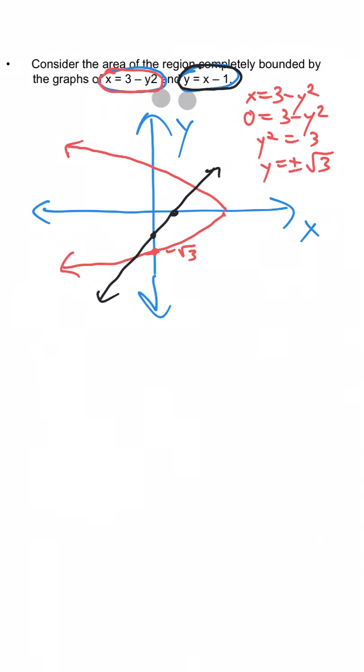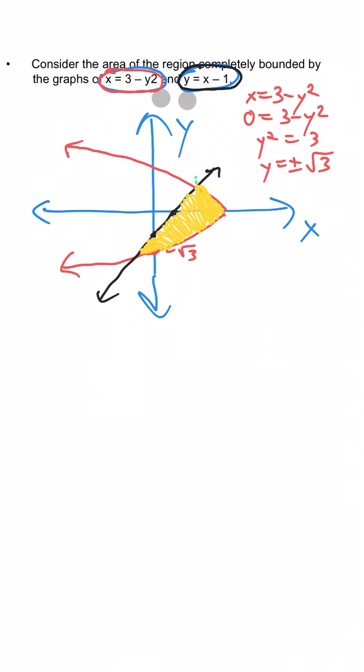Now we found an area completely enclosed by these two graphs. So let's make it this yellow area. We want to find all of this. All right. Well, we could do this problem in terms of x dx, but if we do it in terms of y dy, it's one integral. If we do it in terms of x dx, it's two integrals. Can you see that? Let's just consider what happens if we tried to do this in terms of x dx.